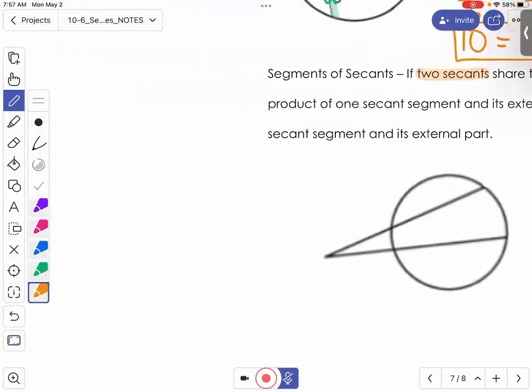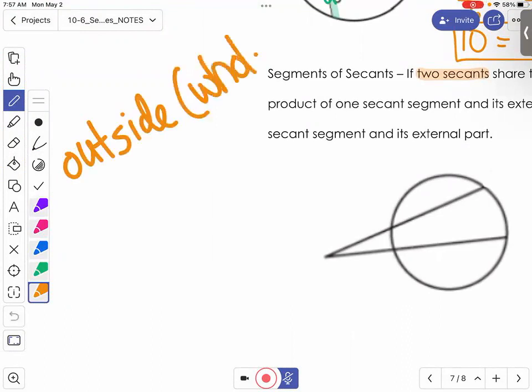So with this one, keep in mind, we're looking at the outside section times the whole length here. So that's basically what we're trying to set up.